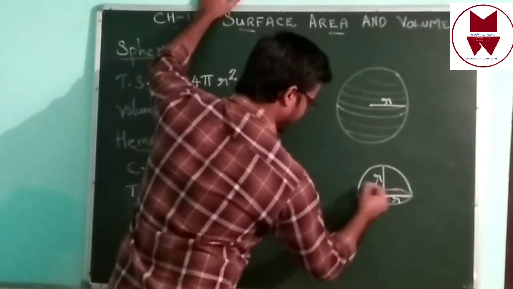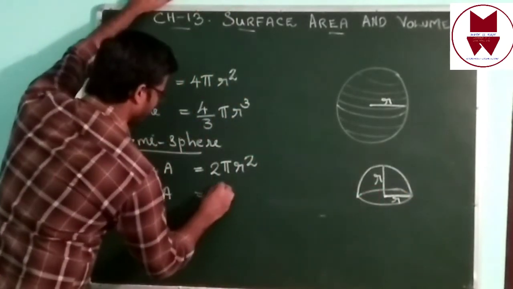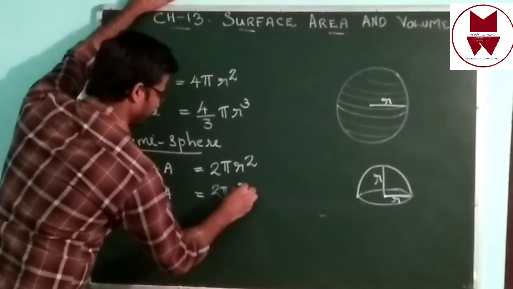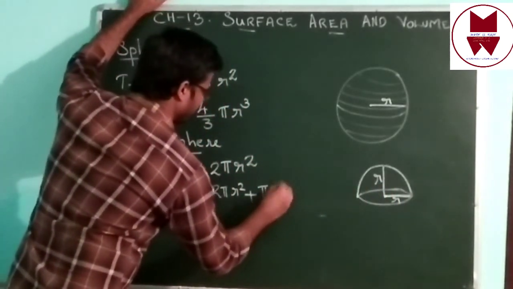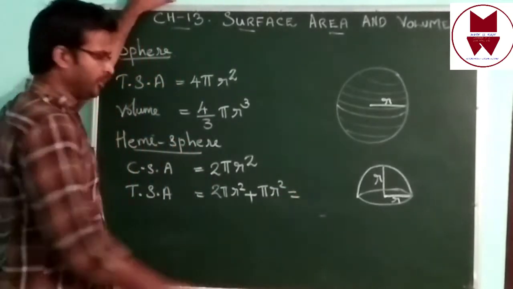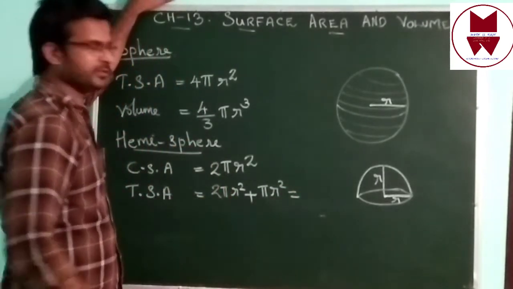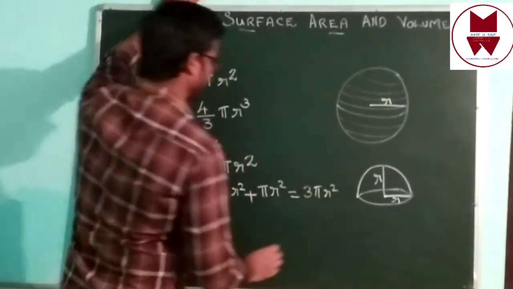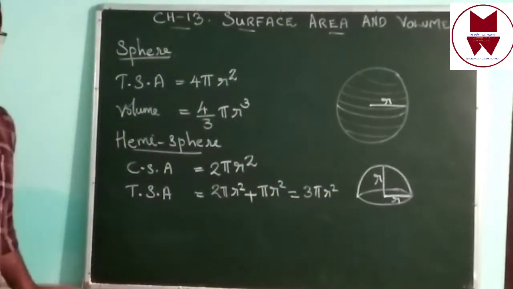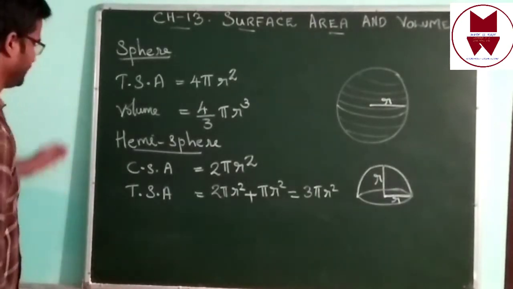This downside. That is a circle, isn't it? Then 2 pi r square is curved surface plus area of circle is pi r square. What will you get? 2 pi r square plus pi r square is 3 pi r square. This is the total surface area of hemisphere.